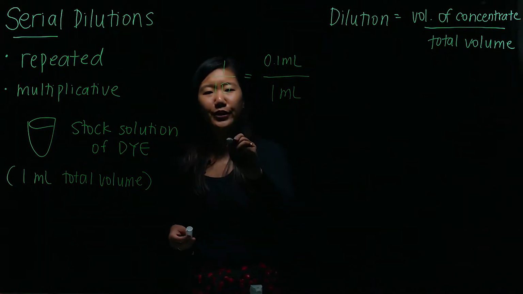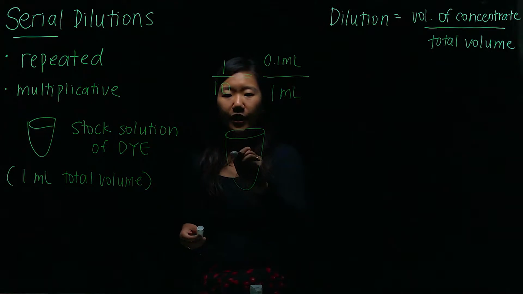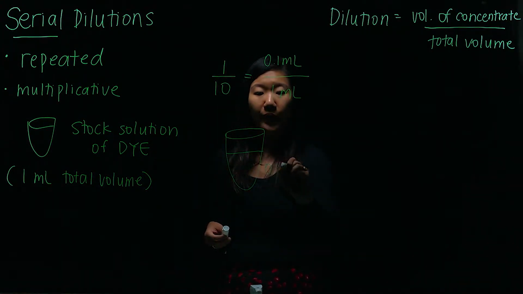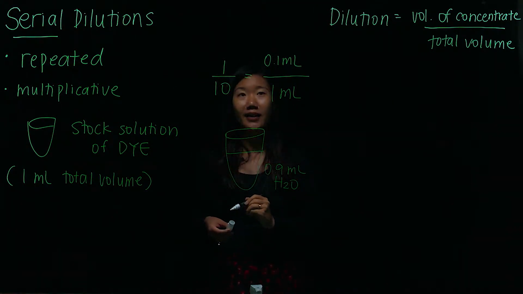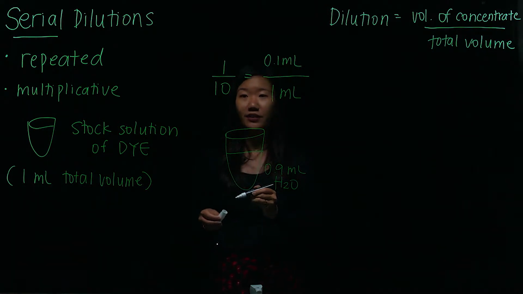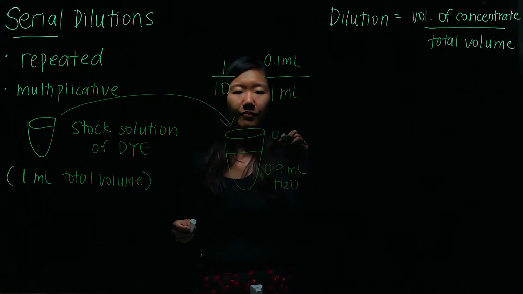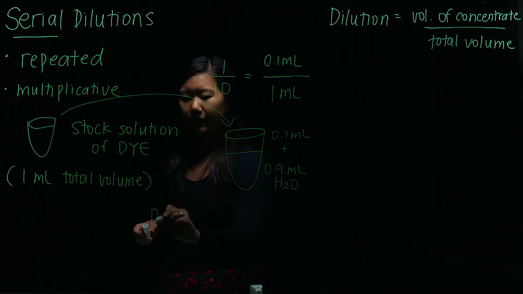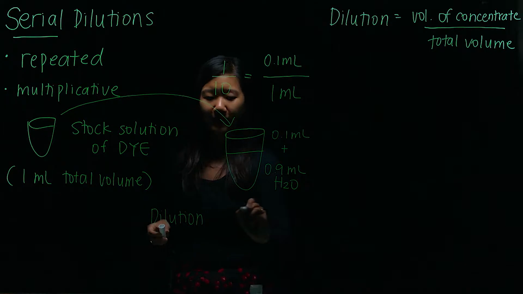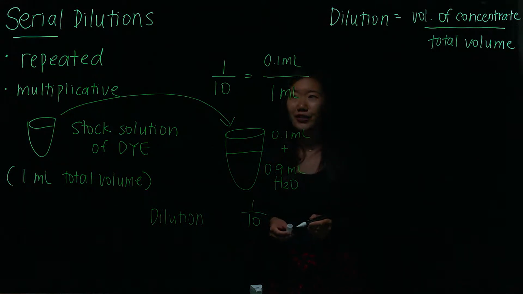So if we were to represent this as our tube, we would start off with 0.9 milliliters of water, and then we would add 0.1 milliliters from our stock solution. This would be our dilution of 1/10.